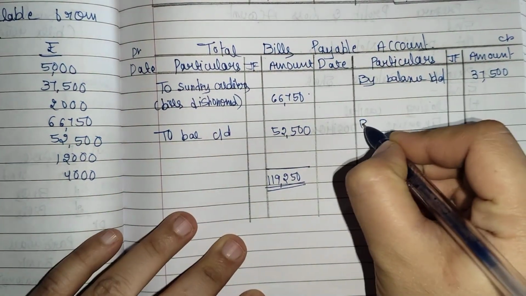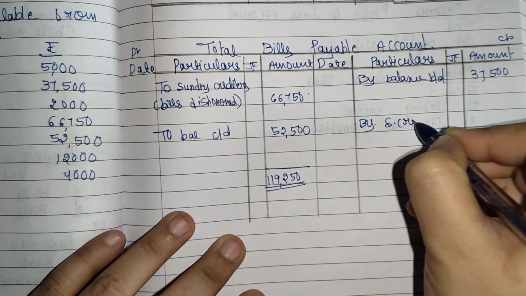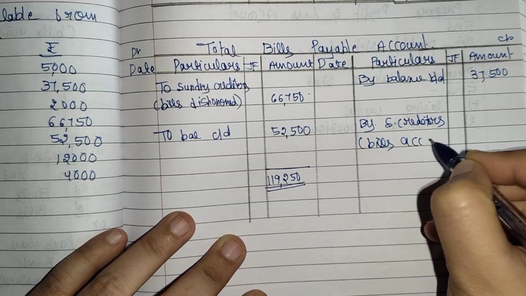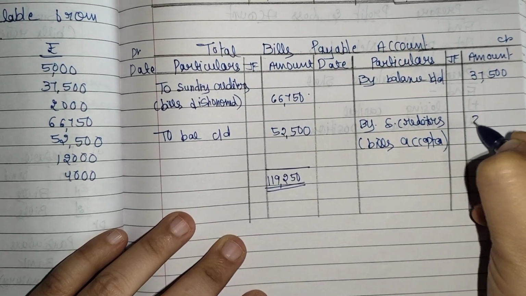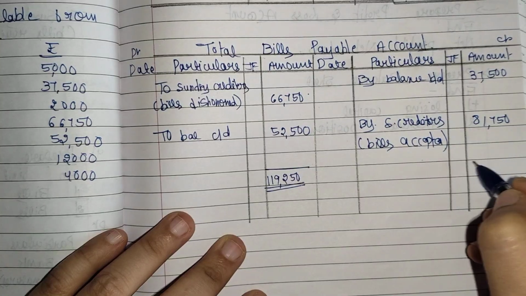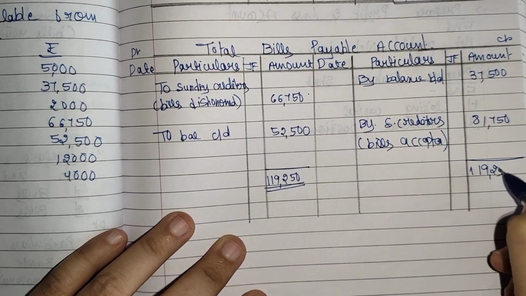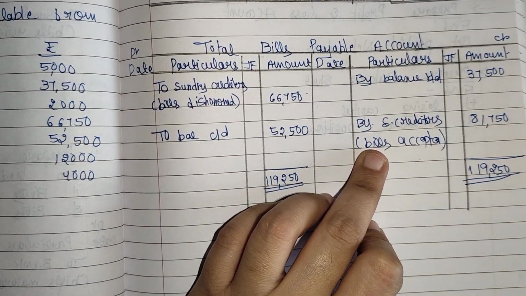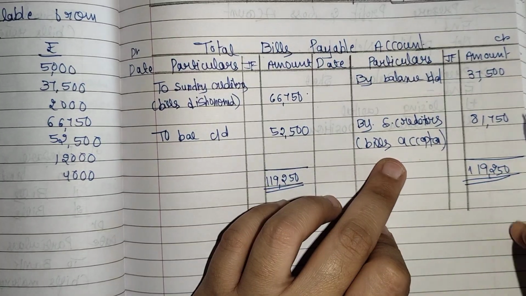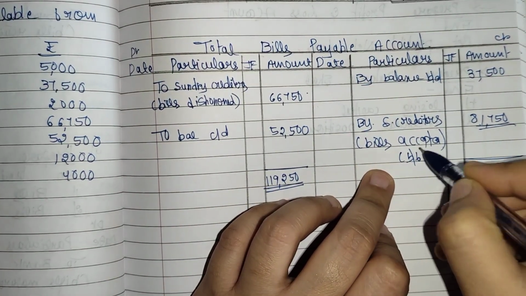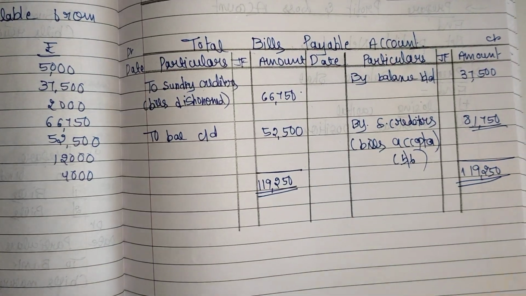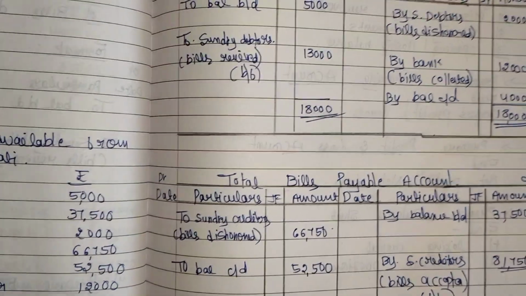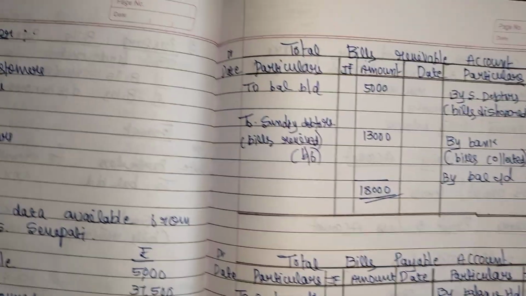So here by sundry creditors means bills accepted. How much? 81,750. Total 1,19,250. Bills accepted means you accepted the bills to pay the suppliers. How much? That is 81,750. This is our balancing figure. Clear? So in this way we need to solve the bills receivable account and bills payable account.